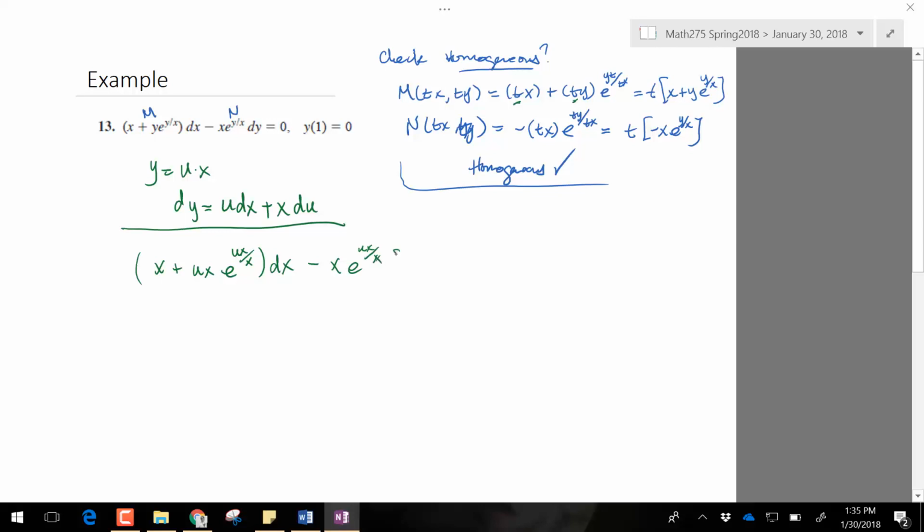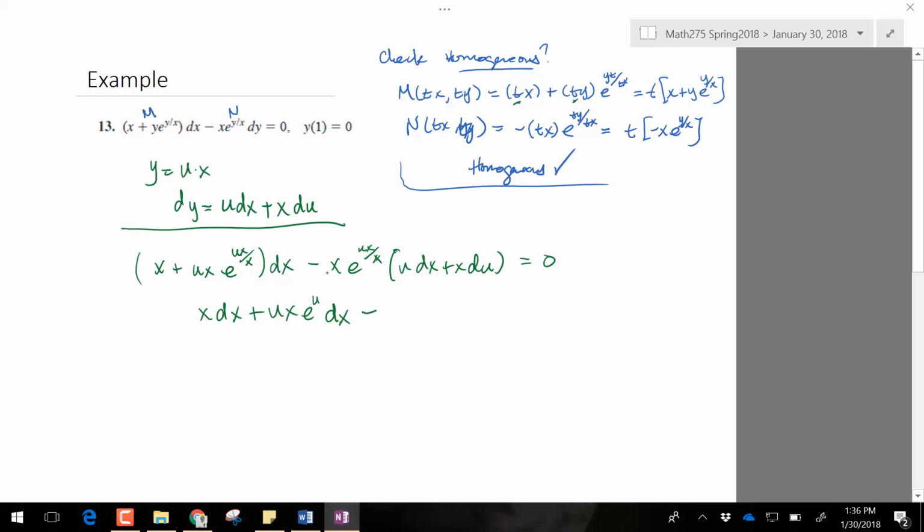And then now this is where our differential dy comes in. We have a u dx plus x du. And that whole thing is supposed to be equal to 0. So we can distribute everything, x dx plus u x e to the u, right?